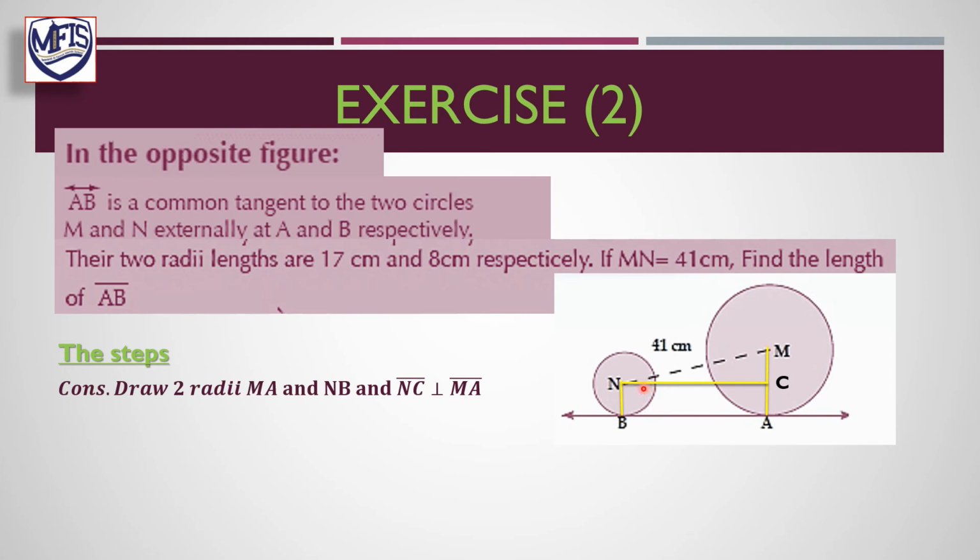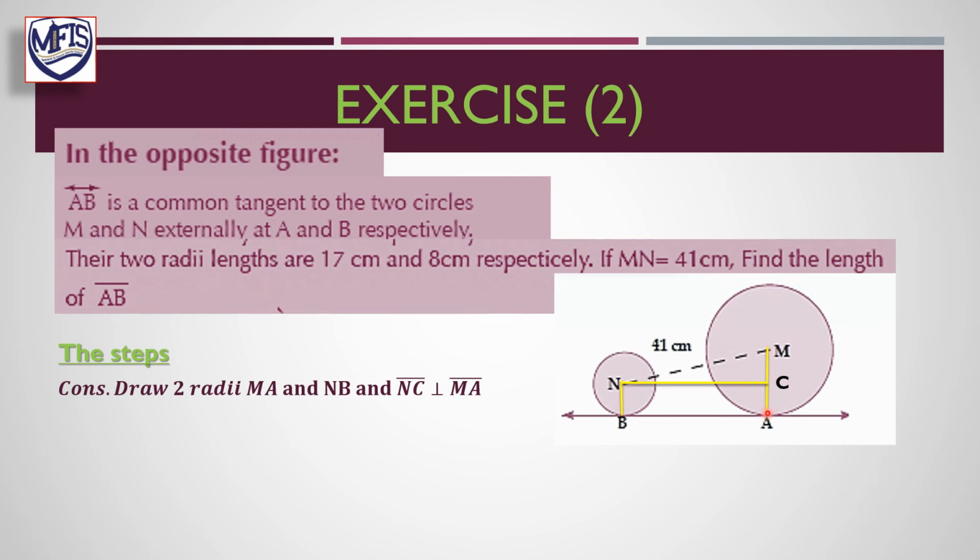And I will draw a perpendicular from point N to the radius of the greatest circle to intersect at point C. Then the constructions here: draw two radii of the two circles M and N, and NC perpendicular to MA.